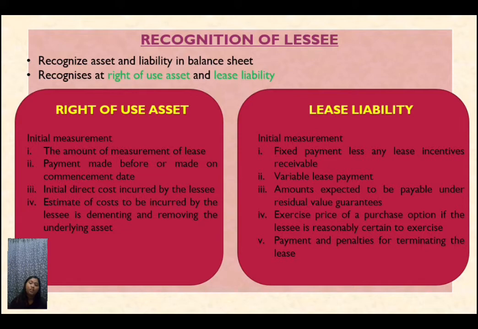So now moving on to lease liability. The lease liability is recognized at inception and must be recognized under liabilities.